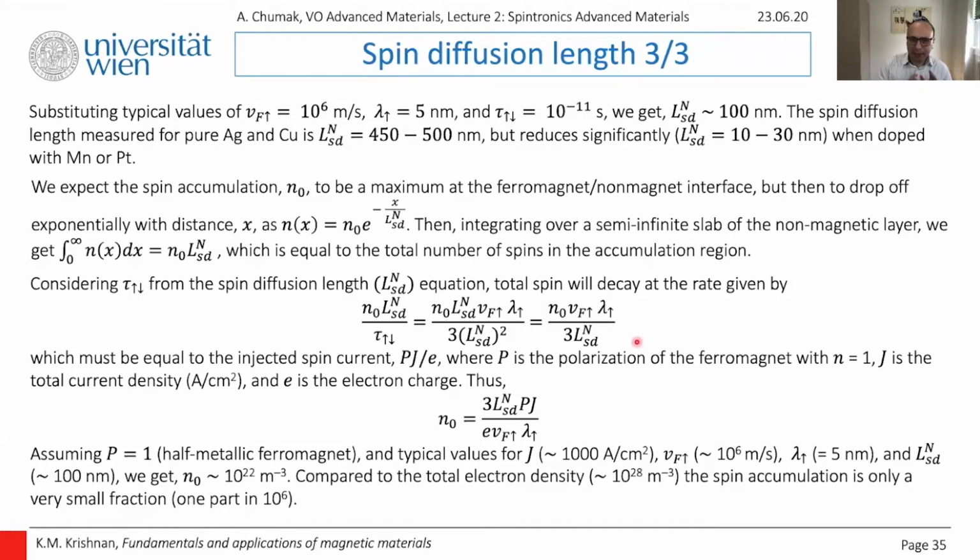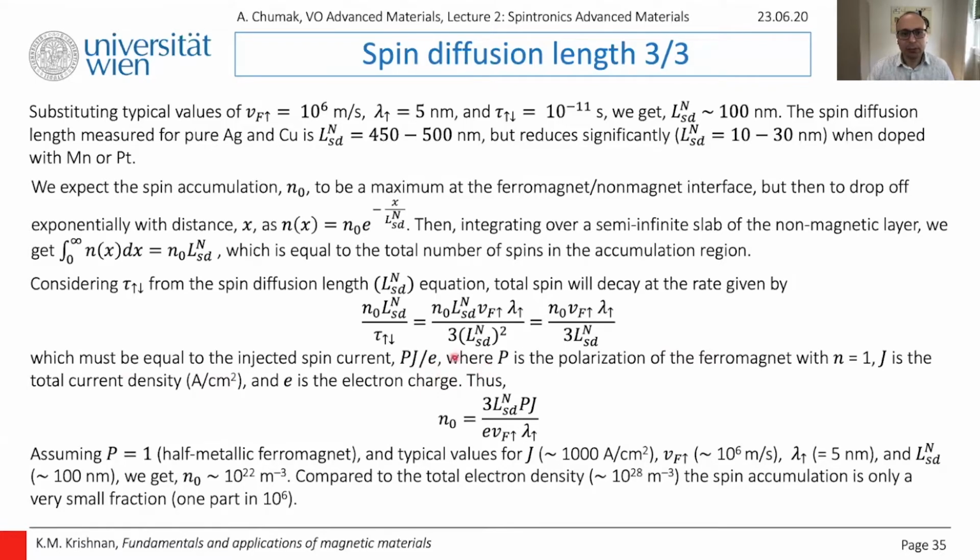So this is the term which describes spin relaxation, how fast we lose spin accumulation. But from the other side, you have to put in a source of spin, your spin injection, and this source of injected spins can be defined in the simplest way by this formula: P, the spin polarization, as we discussed, times current density j divided by e.